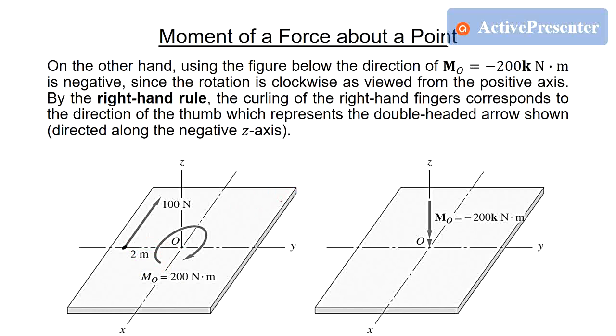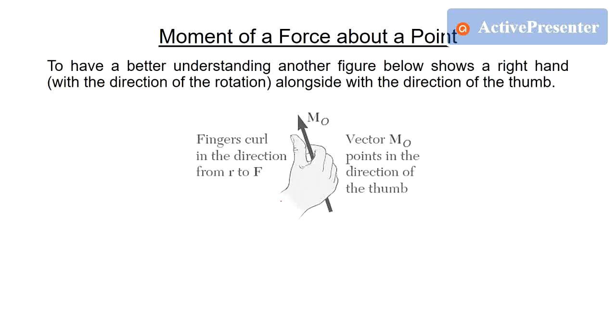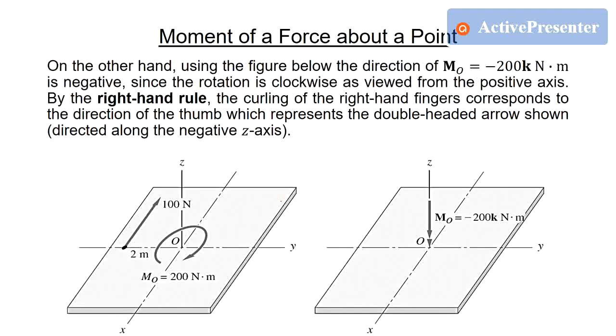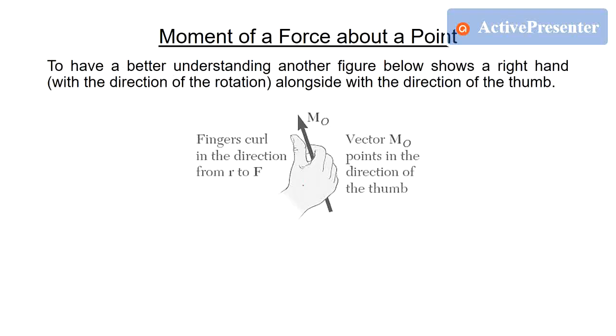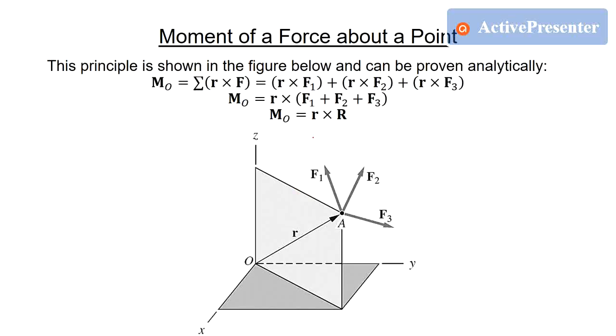So that's how you do it if you want to have a better understanding of the direction of moment in a three-dimensional force system. So this is what I was trying to say earlier, the rotation and the double-headed arrow.